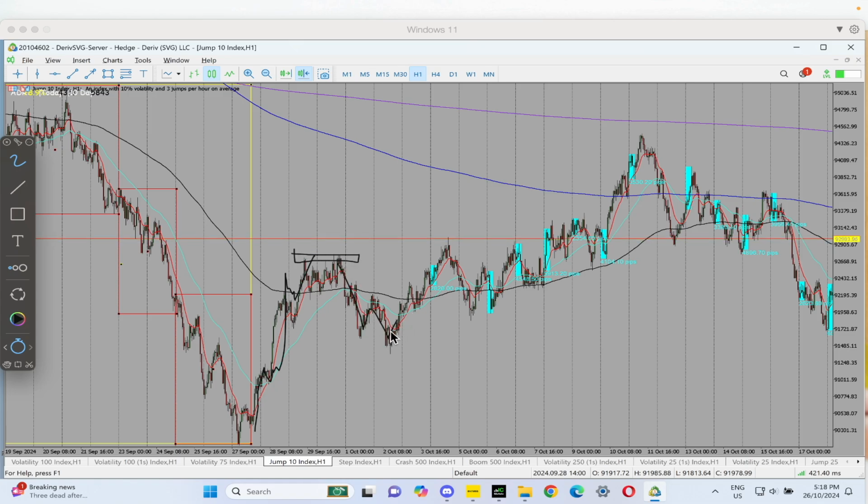Then the market went up 1 into a consolidation, 2 into a consolidation, and lastly 3, and the market came to a peak formation. Now after that, the market then reversed.